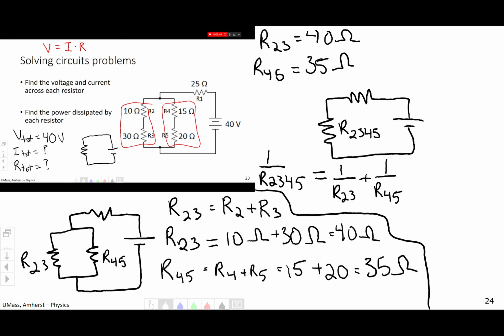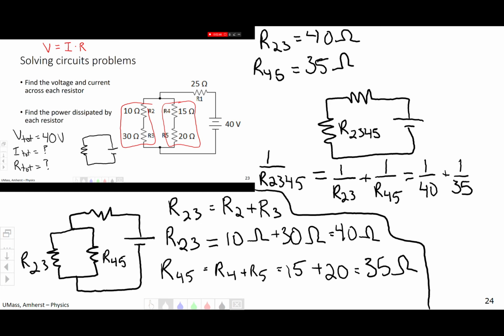Okay, that means we're going to have 1 over 40, my apologies, plus 1 over 35. All right, so 1 over 40 plus 1 over 35. Great.